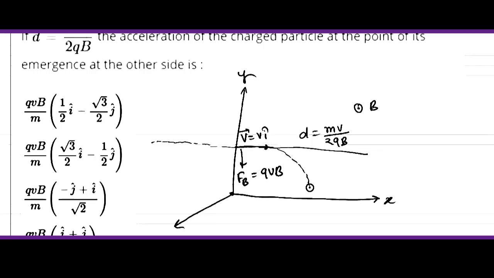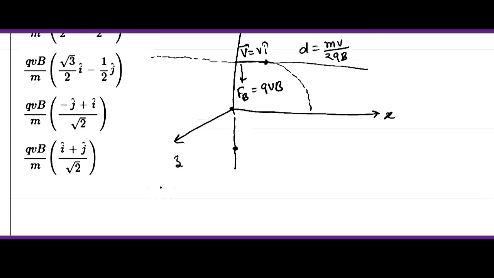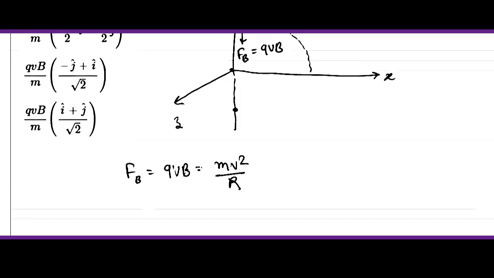Now it will travel in a circular path, and if you want to find out the radius of this circular path, you can use the formula of centripetal force. So I will write the magnetic force here, that is qvB, is acting as the centripetal force. So from this formula, this v will get cancelled out, and you will get the radius as mv by qB, right?